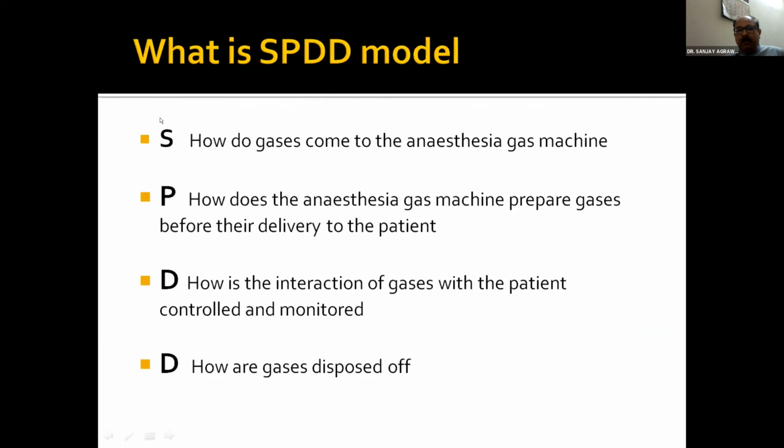S is how do the gases come into the anesthesia gas machine. P is how does the anesthesia gas machine prepare the gases before their delivery to the patient. D is how the interaction of gases with the patient is controlled and monitored. And another D is how the gases are disposed of.